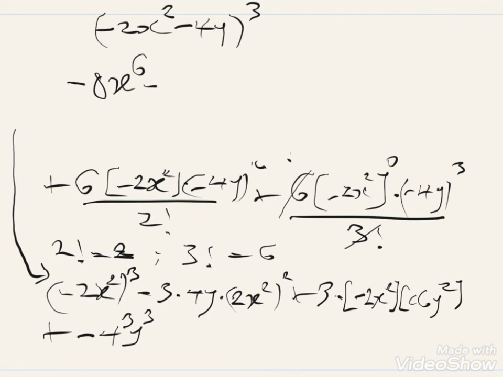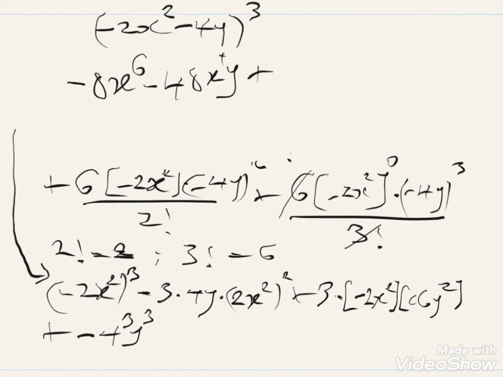Then (2x²) all squared, 2 squared is 4. So 4 times 12 gives me 48. Okay, so I will have minus 48x⁴y.